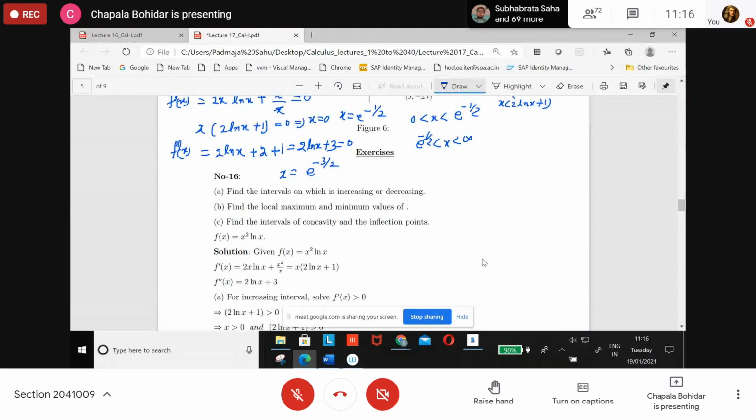For 0 to e to the power minus half, it is negative, and for e to the power minus half to infinity, it is positive.